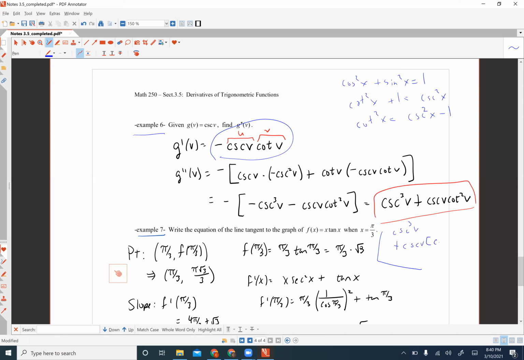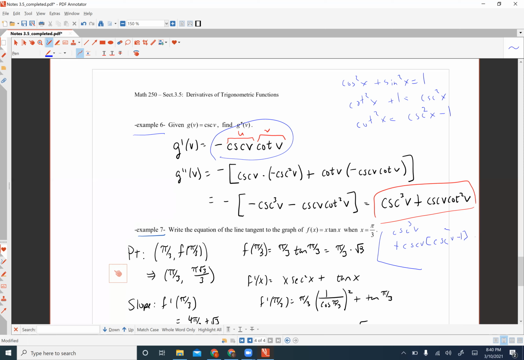Isn't that cosecant of v squared minus 1? And so what are you going to get, students? You're going to get cosecant cubed of v plus cosecant cubed of v minus cosecant. Maybe that's not actually so much better, to be quite honest.